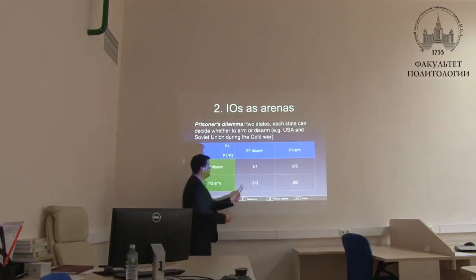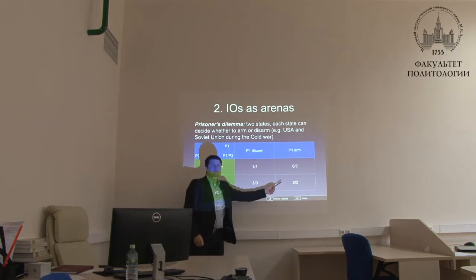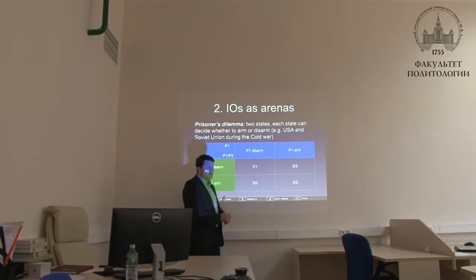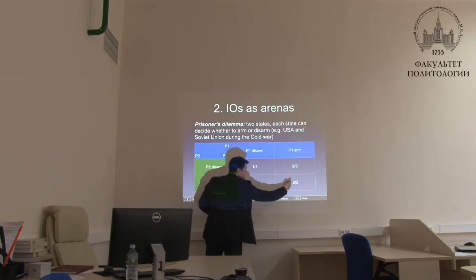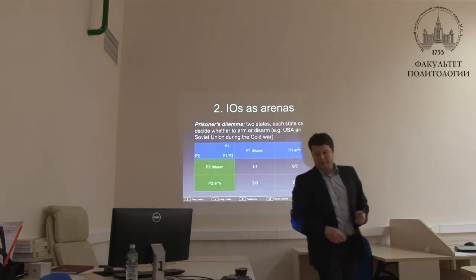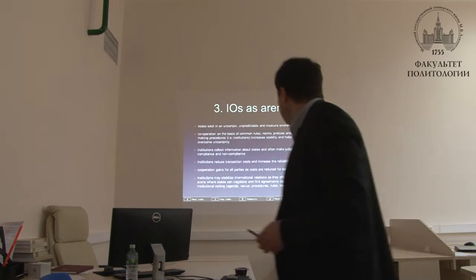Because states are uncertain whether the other states arm or don't arm. The states choose to arm. The United States and the Soviet Union in the Cold War chose to arm, at least until the 1980s. If you have an institution, this is the basic idea, this uncertainty can be overcome. And this brings all states into a better position.